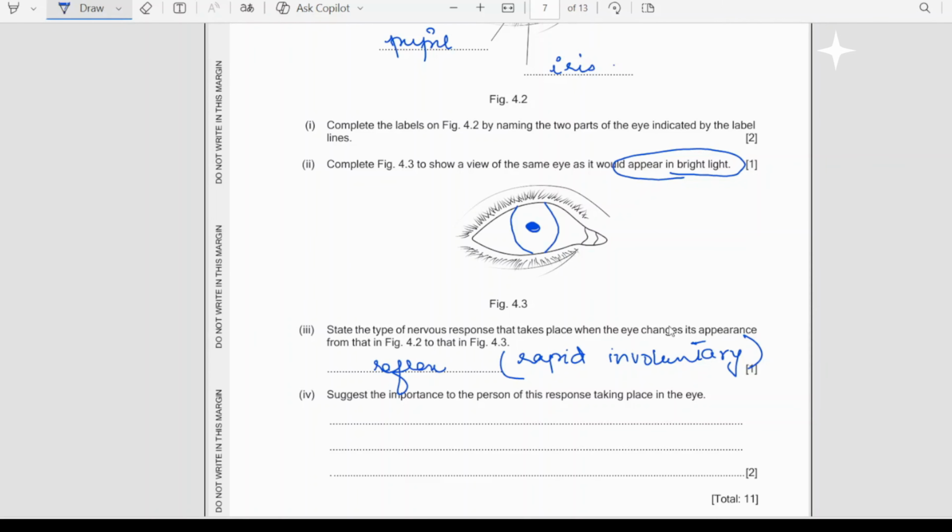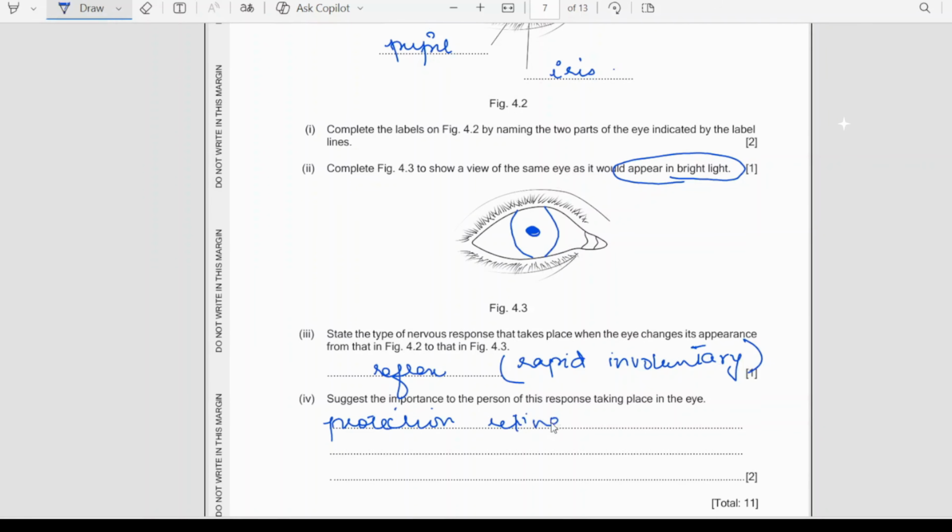Why is it important for a person to change the size of pupil when the light is too bright? Okay, for the protection of what? Correct, because if the size doesn't reduce, then too much light would enter, and it can damage your cone cells.